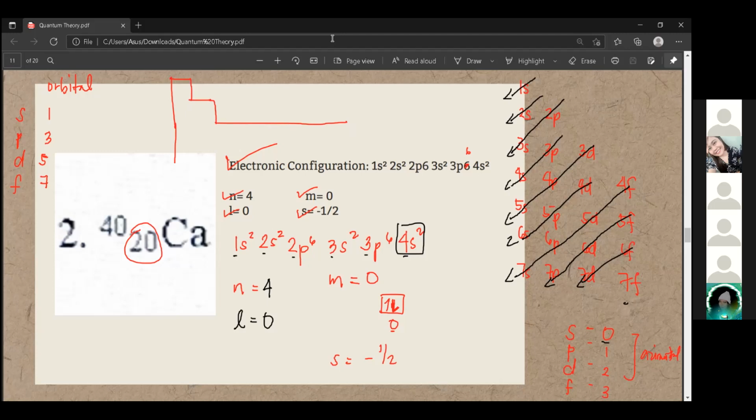So nasa 4th, ano siya? Nasa 4th na period. And since the ending is S2, if this is S1, this is S2, calcium is located here. So that's how you locate the elements in the periodic table just by looking at the electron configuration and even the quantum numbers. Okay?